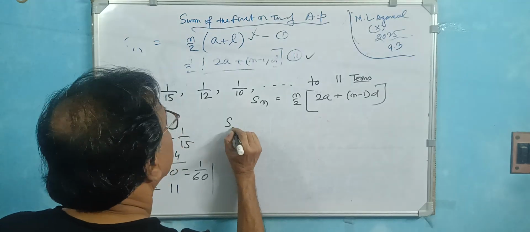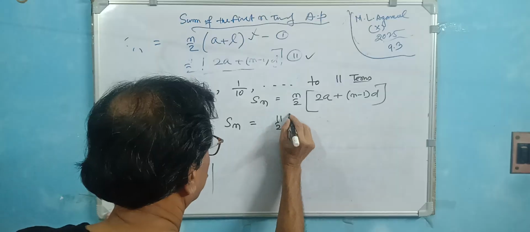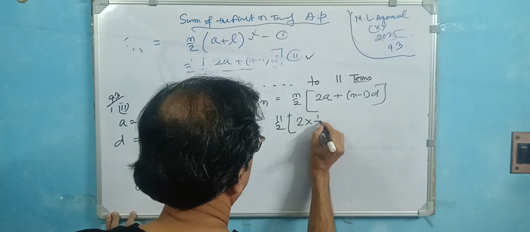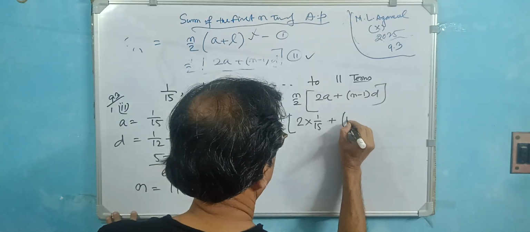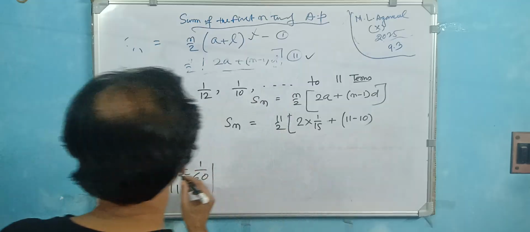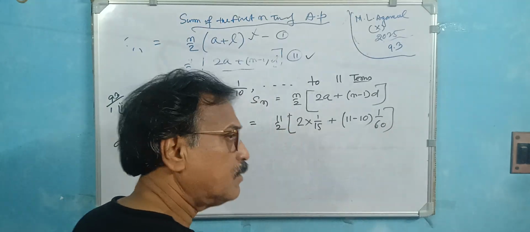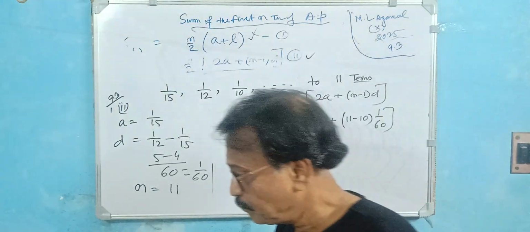So Sn equals n by 2, n is 11, so 11 by 2, bracket 2a, a is 1 by 15, plus n is 11 minus 1, and d is 1 by 60. Maybe I also make mistakes, but be careful.